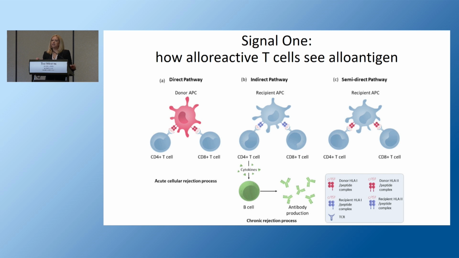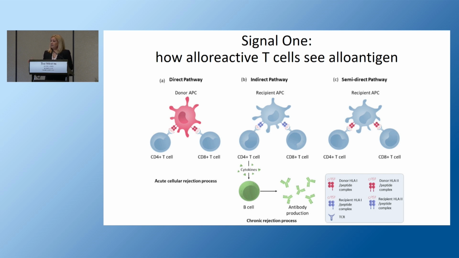This is an instance in which donor-derived MHC molecules are shed from cells of the graft as intact MHC and are transported on microvesicles to recipient-derived antigen-presenting cells that can then take these intact MHC molecules up and present the donor-derived peptide MHC molecules to both CD4 and CD8 positive T cells that can go on to become activated. So this is signal one.